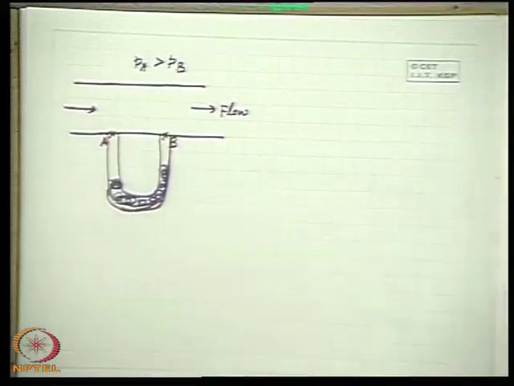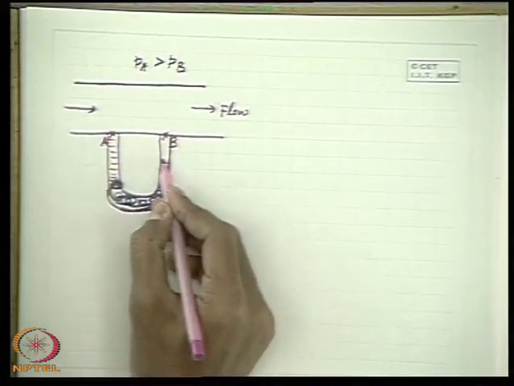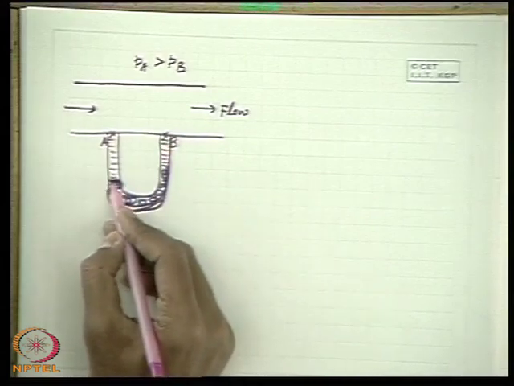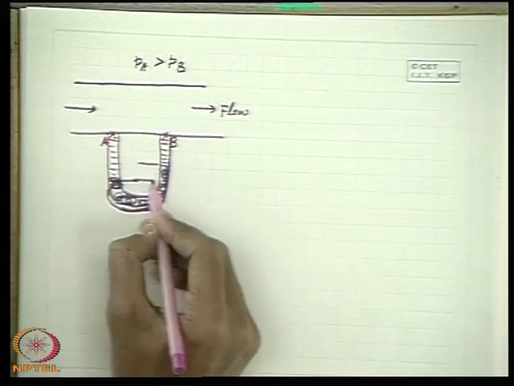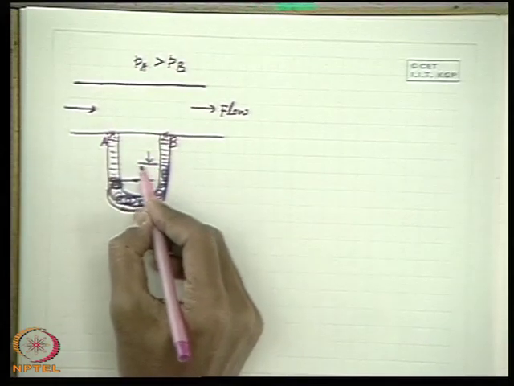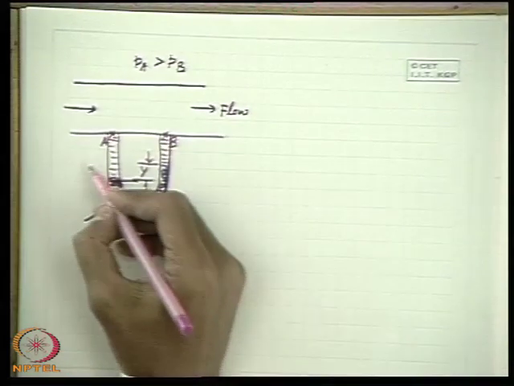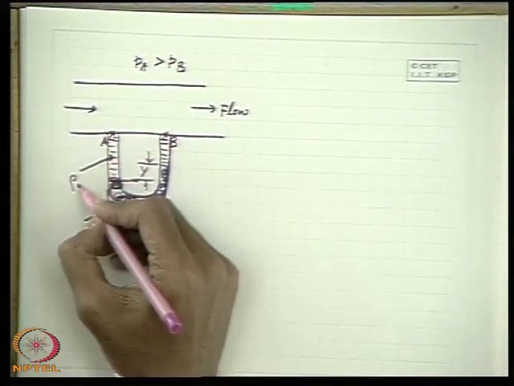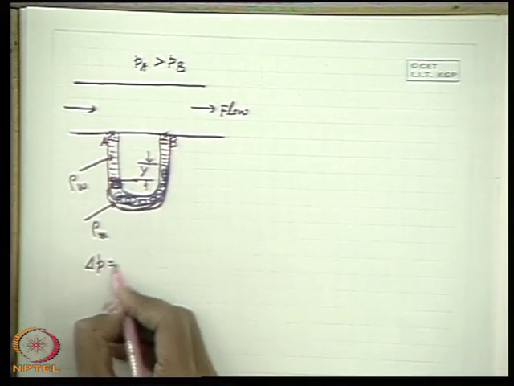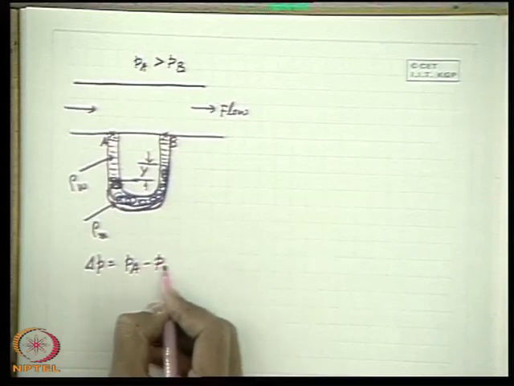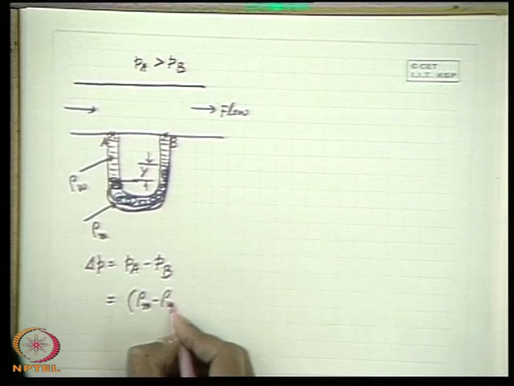We register a deflection, that means the interface, the separation surface between the working fluid and the manometric fluid, stands like that, and this is Y. If the manometric fluid density is rho M and the density of the working fluid is rho W, we have found that delta P, equal to PA minus PB, becomes equal to rho M minus rho W times g times Y.